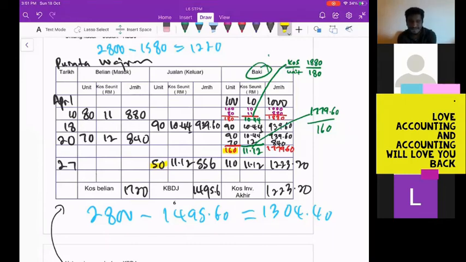All good? Sure, the April 18, the Jumla Baki is 1880. No need to minus 939.60. Yes, by right, this one minus this, you will get this. But it's okay, you just do like this. The difference is only 80 cent.